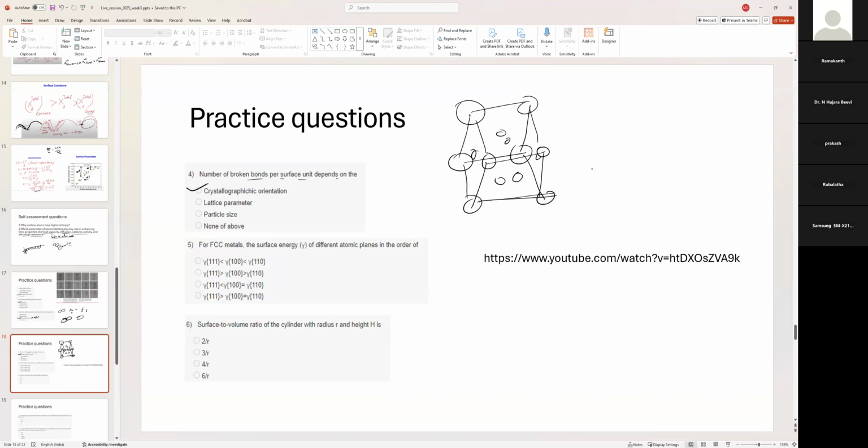For FCC, the surface energy of different atomic planes is involved. What are they?